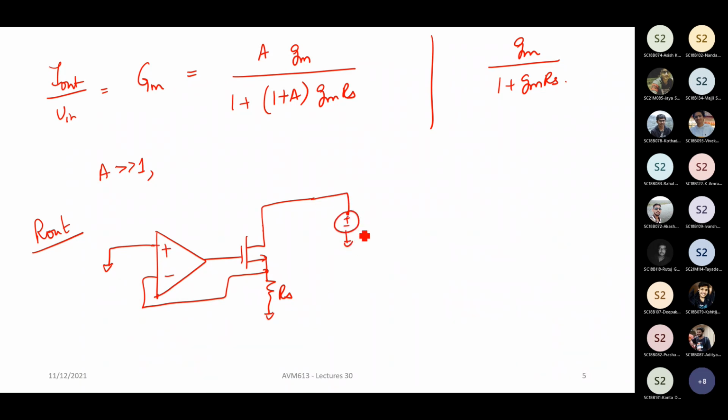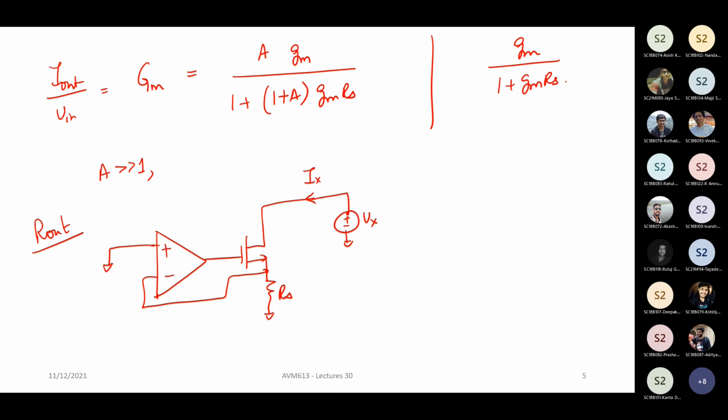Then you have your Vx, and you want to find your Ix. Vx by Ix will give you your Rout, right? So what is your Ix here? That's what we need to find out.